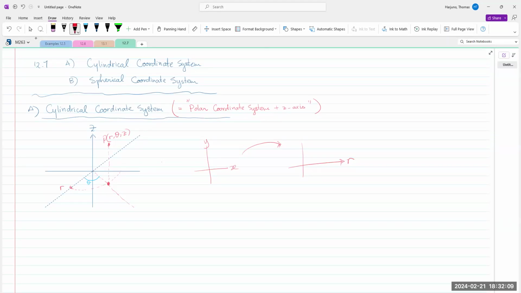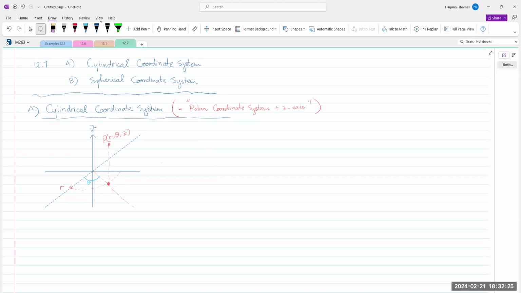Okay, with that said, what we basically need to review from here is how to convert from polar to rectangular coordinate system and from rectangular coordinate system to polar.